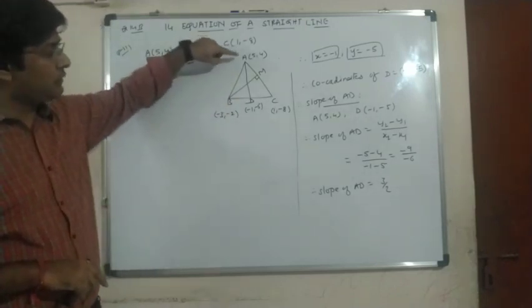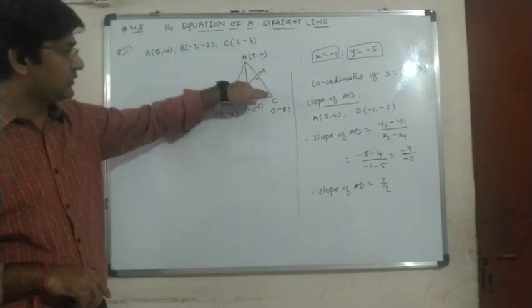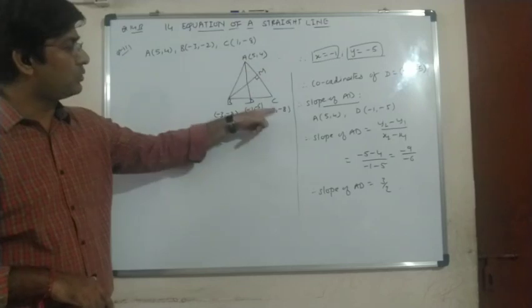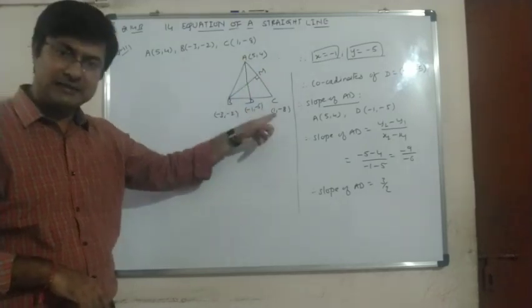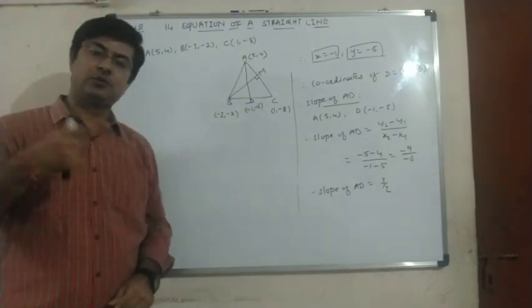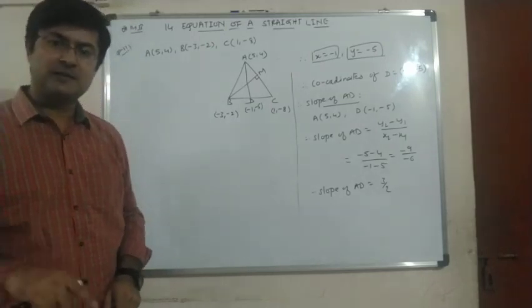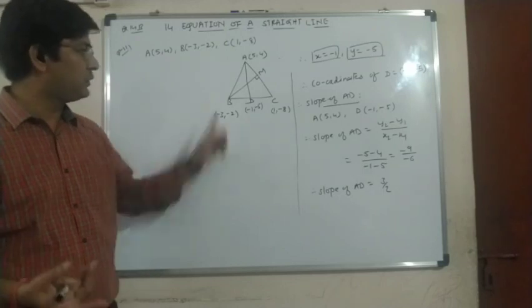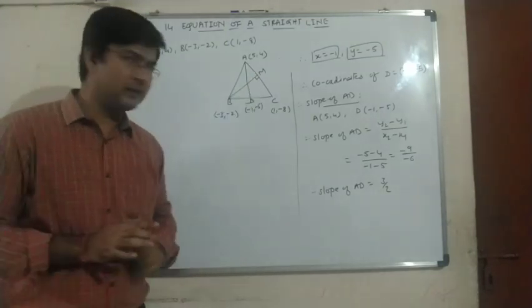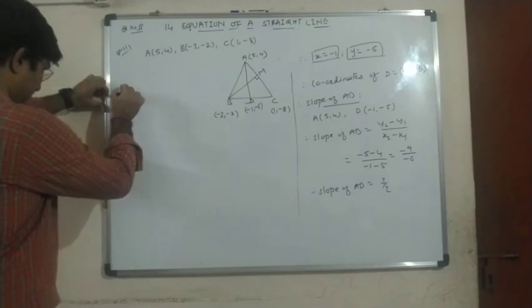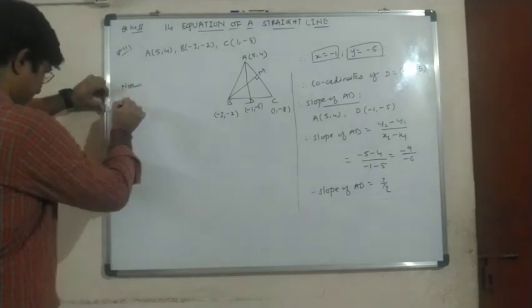Here we will calculate the slope of AC. Why? Because AC and BM are perpendicular and we have the coordinates of line segment AC, so you can calculate the slope of AC. Once you get the slope of AC, just take its negative reciprocal, you will get the slope of BM. Clear? So we will calculate the slope of AC.